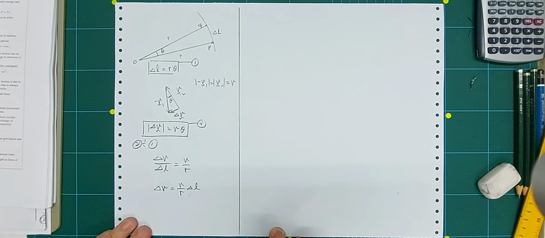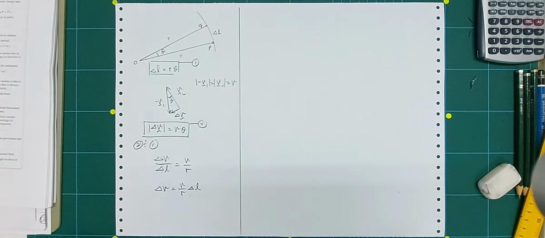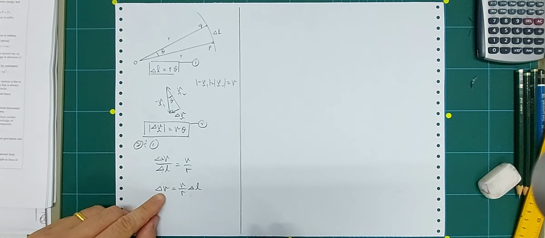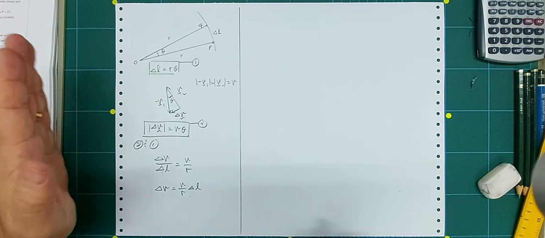Now how are we going to change this side here so that it's related to A, our acceleration?